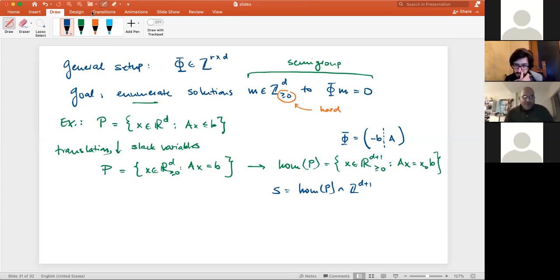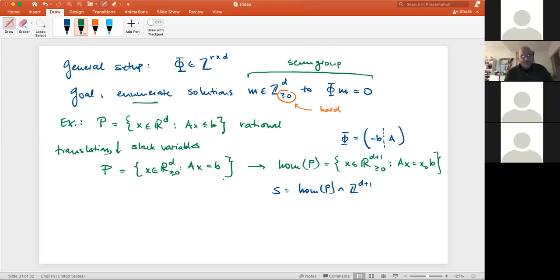Sorry, I'm assuming that my polytope here is rational, so I want A and b to have integer entries. And not just that, my semigroup is that, but if I have an element, let's call it (t, m), this was our setup on Tuesday.